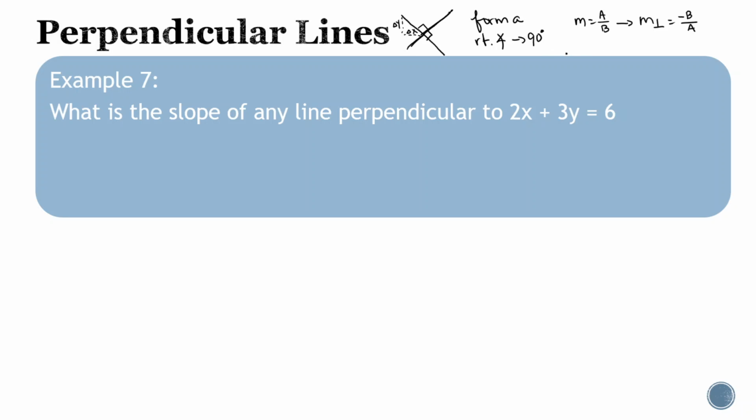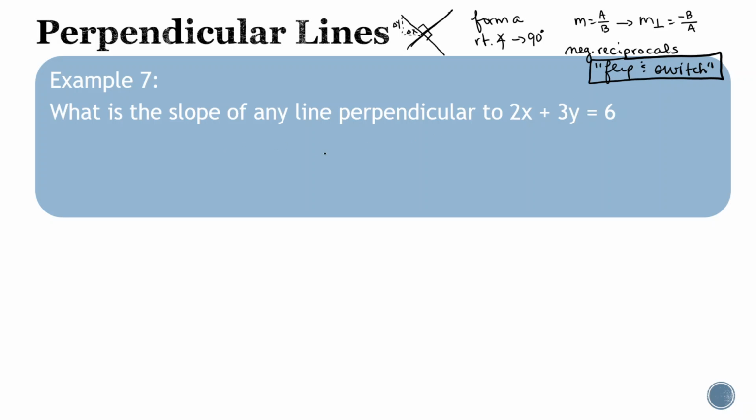We call these negative reciprocals. What I tell my students all the time is we're going to flip and switch. We're going to flip the slope over and switch its sign.